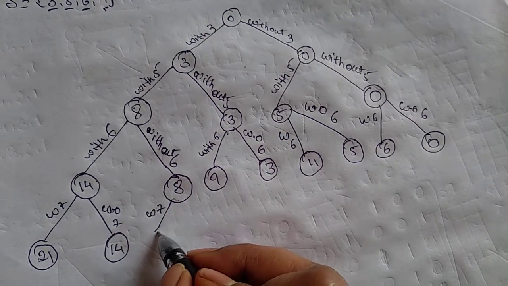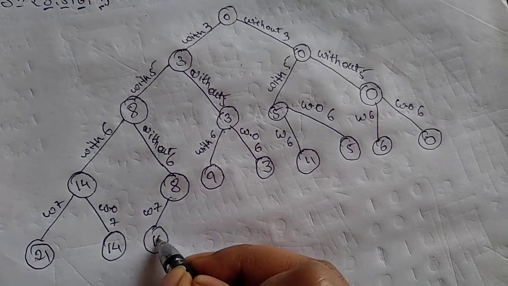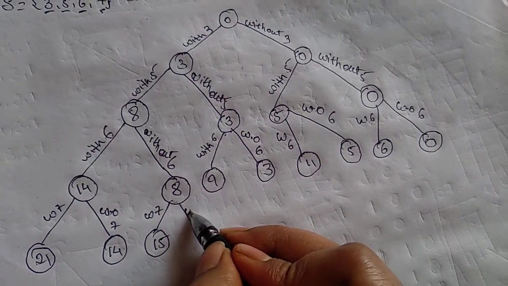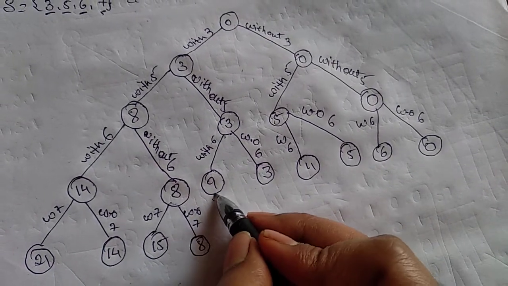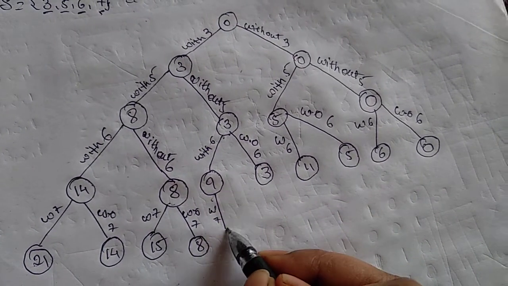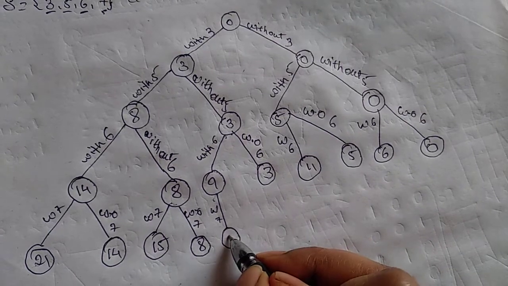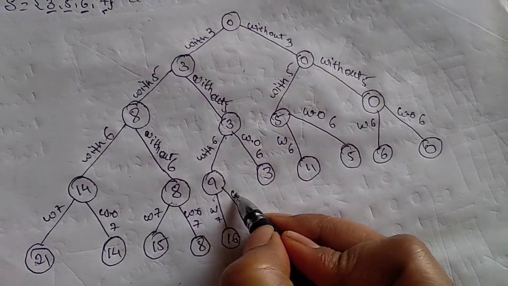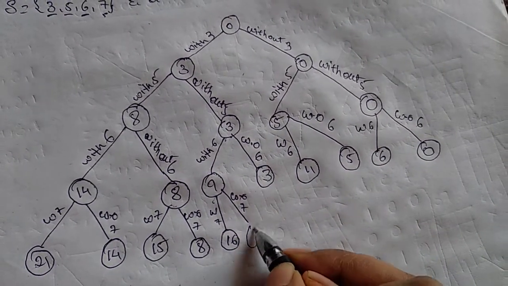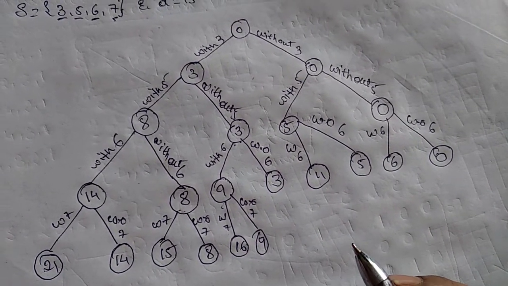With 7, 8 plus 7 is 15. Without 7 it is 8 itself. Then with 7, 9 plus 7 is how much? 16. Then without 7 it is 9 itself.